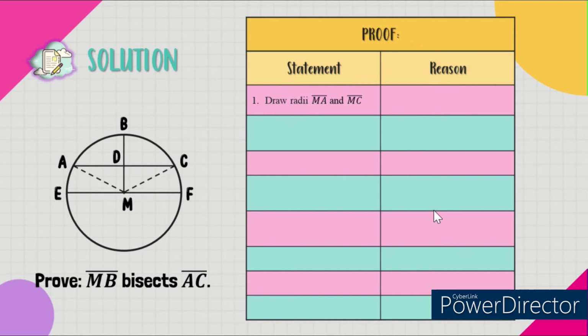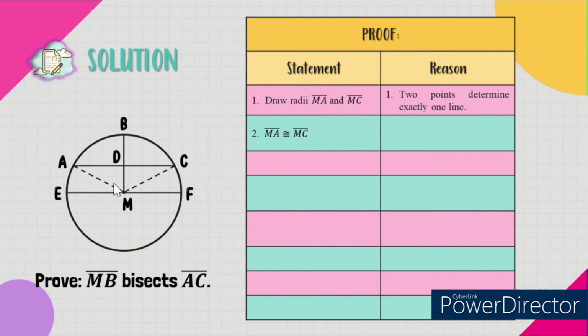The reason is 2 points determine exactly one line. And we can see that line segment MA and line segment MC determine exactly one line, which is the line segment AC.